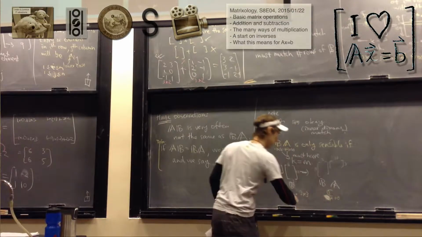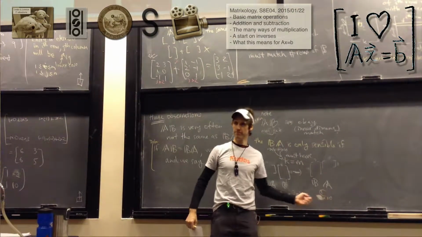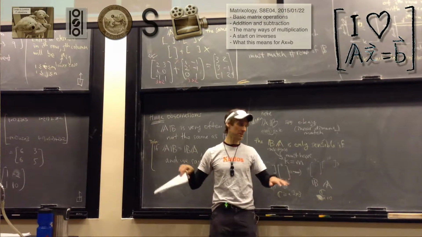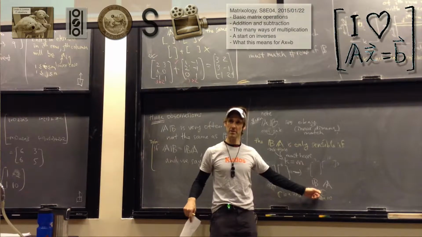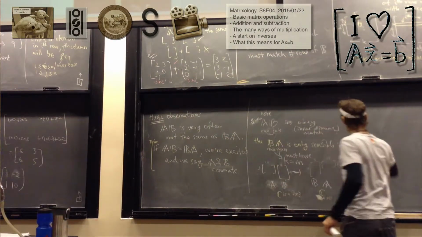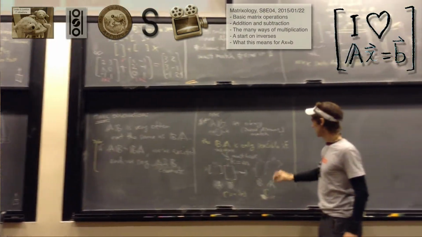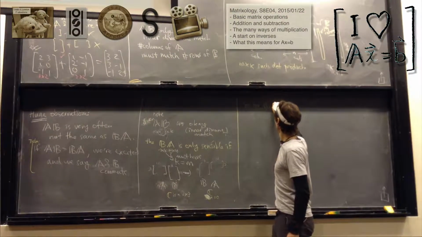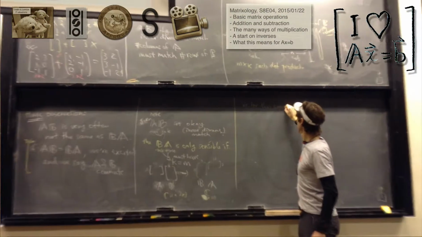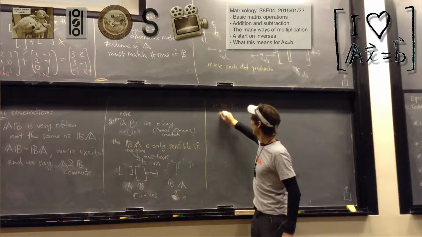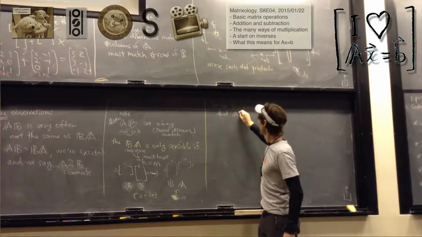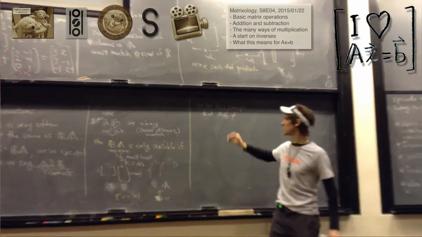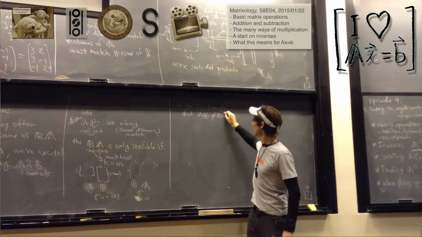OK. So these aren't even the same shape. So we can't have AB equals BA in this case. So we see, for this example, that AB just can't equal BA, without doing any calculations, it doesn't matter what the numbers are in the boxes.